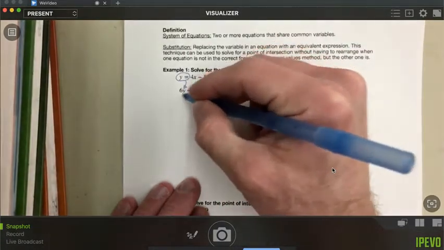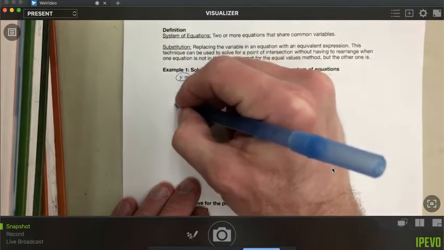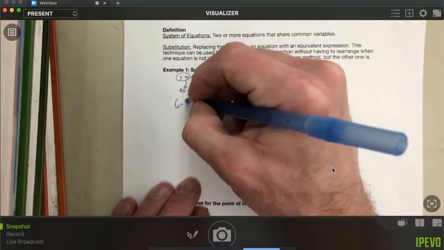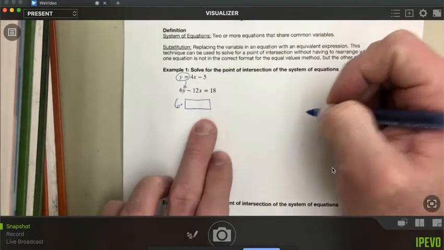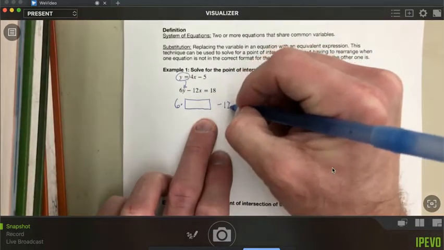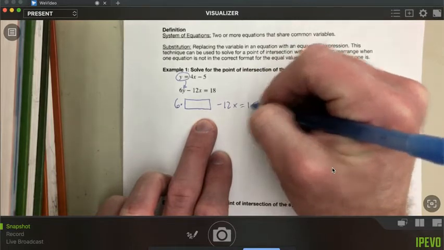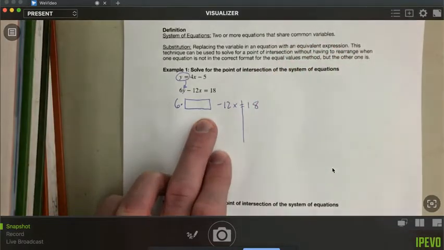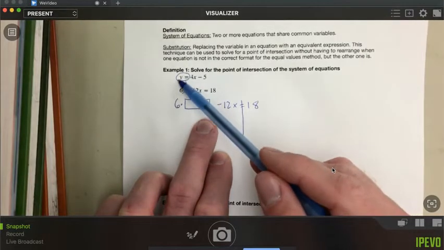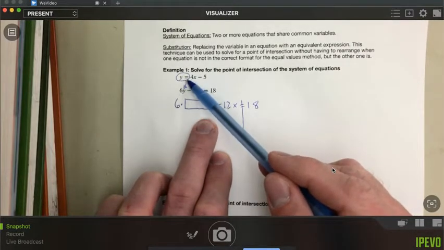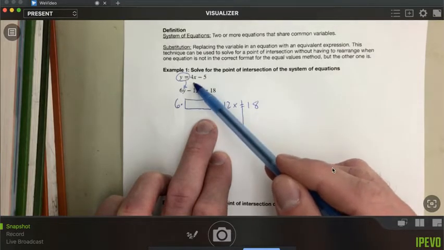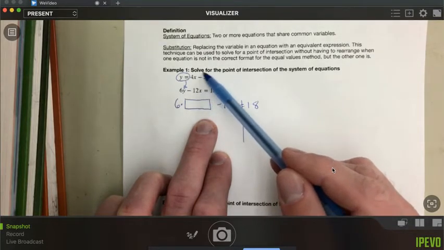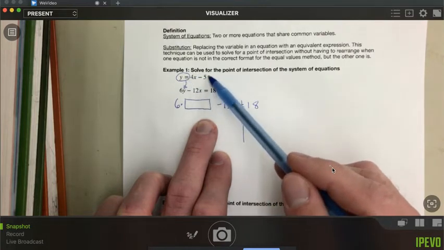I'm going to think about this second equation as really being 6 times, and I'm going to put a blank in there for y, minus 12x equals 18. So nothing new. The reason I'm looking at this y is because this equation is y equals. Because it's y equals, I can take this y and replace it with what y is equal to, in this case, 4x minus 5.